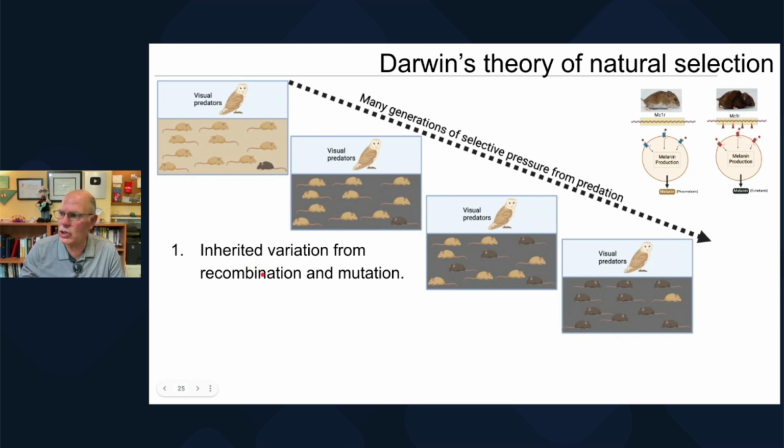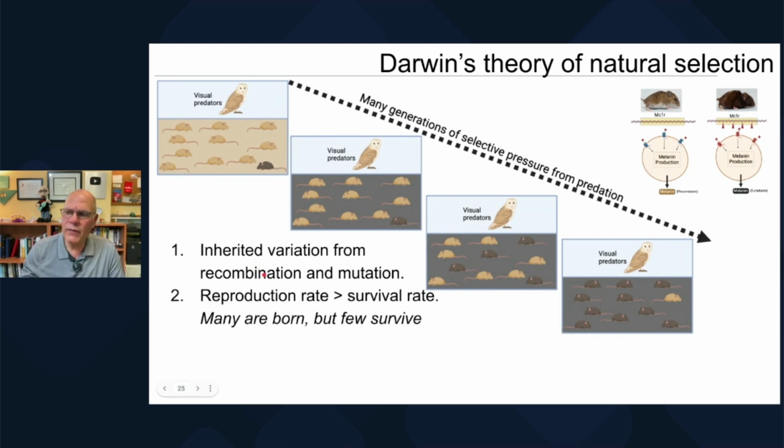That leads to another big fact about evolution, which is that in any species, the reproduction rate is always greater than the survival rate. That's almost an axiom. In other words, if the reproduction rate was lower than the survival rate, then the species would wind up disappearing. And the idea is that in any species, more are born than wind up surviving.